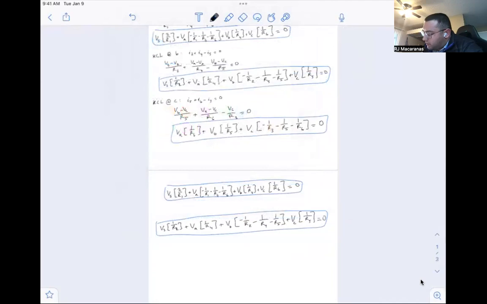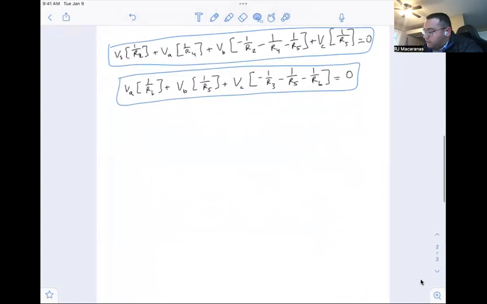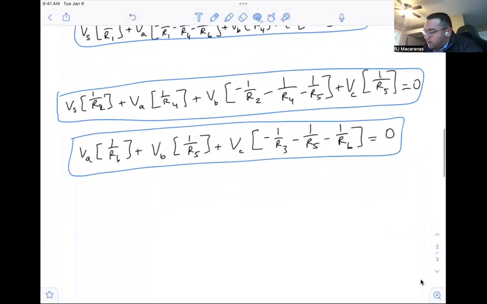That's equal to 0. Did that copy over correctly? Yeah, okay, we're good. And then we take our last one here. So I just copied them down here for quick reference.